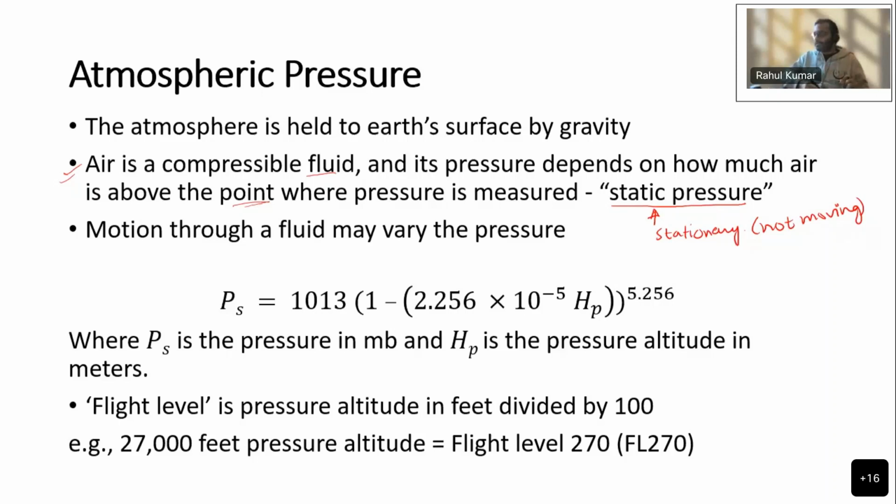Okay. So the next point on the slide, it says motion through a fluid may vary the pressure, and that can be calculated by this equation here. So PS is the pressure in millibar, MB.